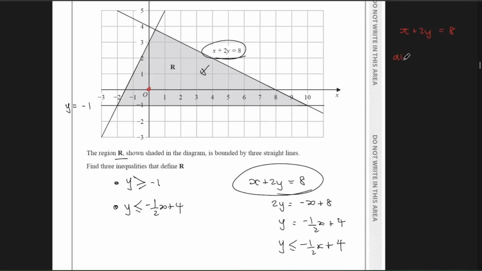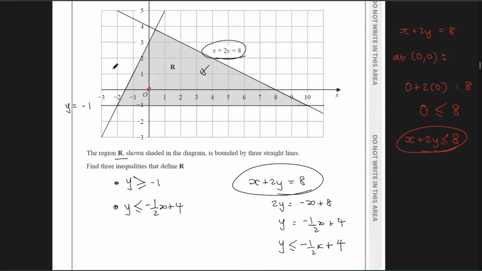At 0, 0, the equation becomes 0 plus 2 times 0 equals 8. So the left-hand side is 0, the right-hand side is 8. So it's not actually equal. It's actually less than or equal to. Therefore, the inequality would be x plus 2y less than or equal to 8. This is another way of defining the region with the same line.